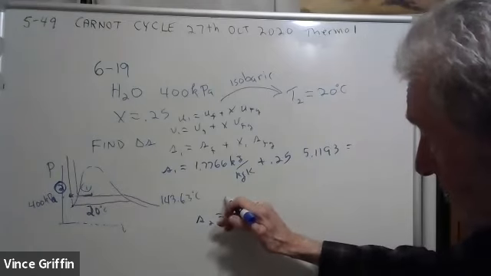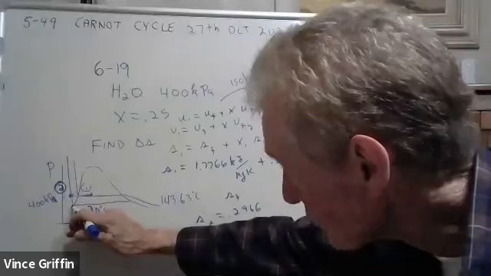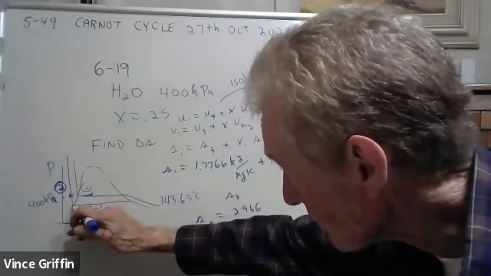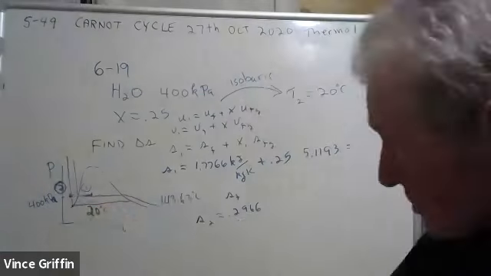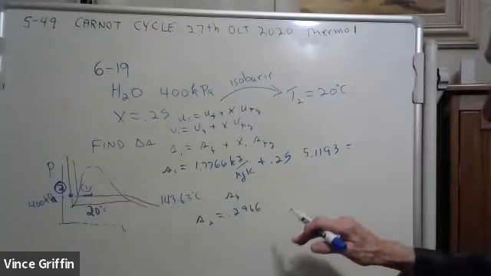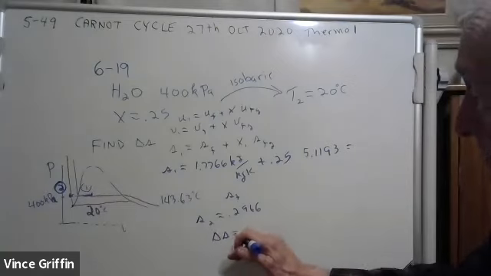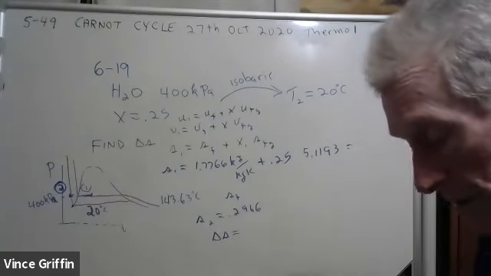What that is is SF. The specific entropy at 20 degrees here should be the same there. It's just got a higher pressure is all. And so I think we can get delta S. Let's see if we can.